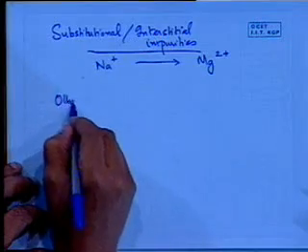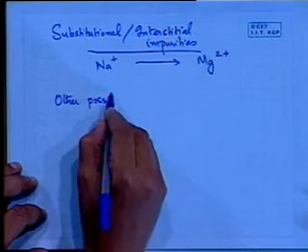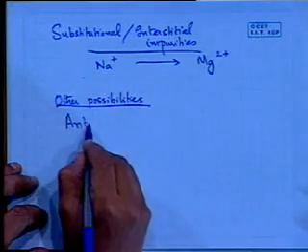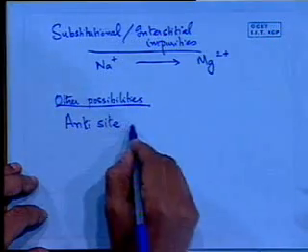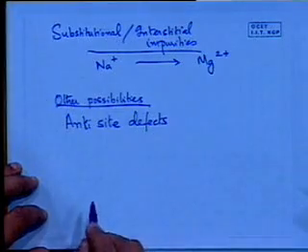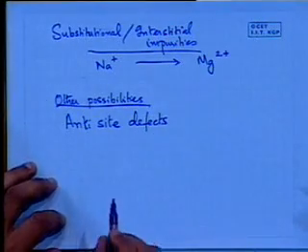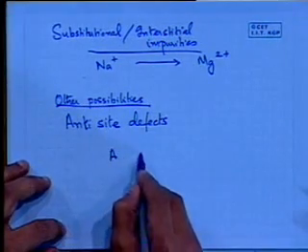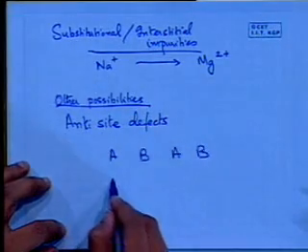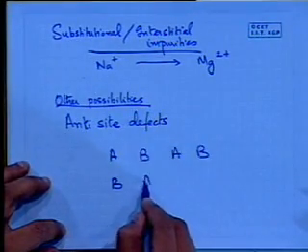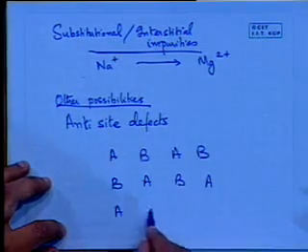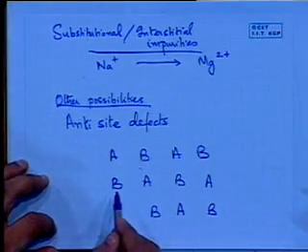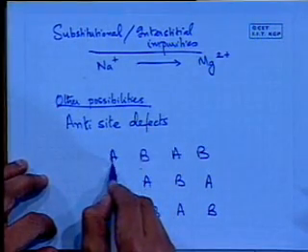Here are some other possibilities in compounds for defects. I should say one other, I will not go much into this. Anti-site defects. What do I mean by anti-site defects? When I've got two species sitting in a lattice, and I label the positions where each of them sits as A, B, A, B, what happens if for some reason during growth, one B atom, instead of sitting in the B position, decides to go and sit in the A position?